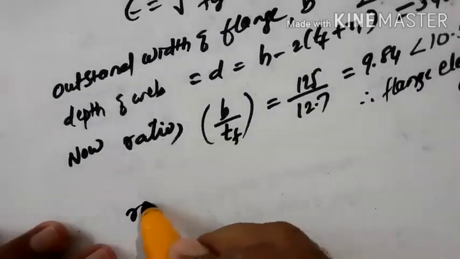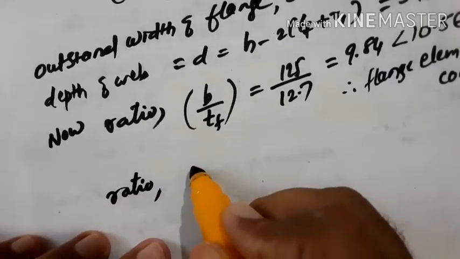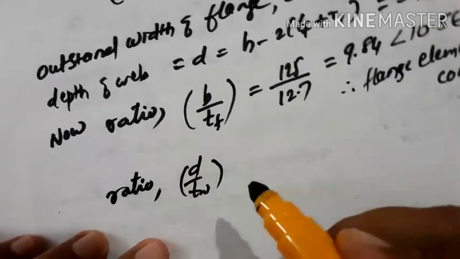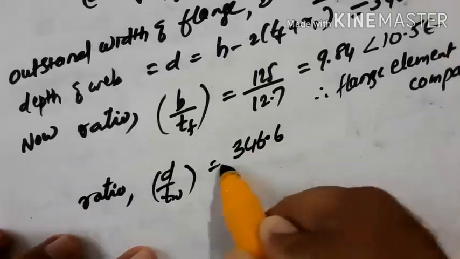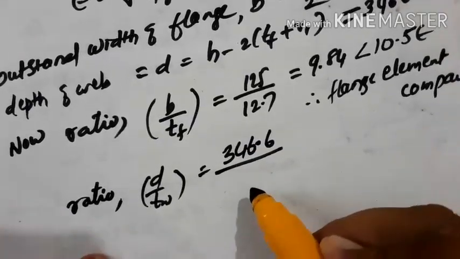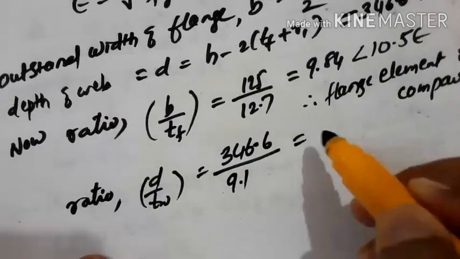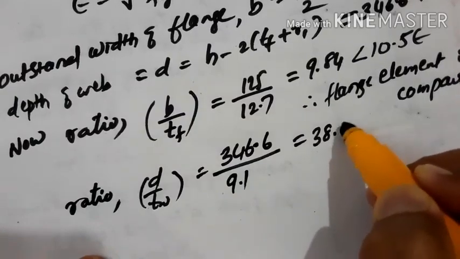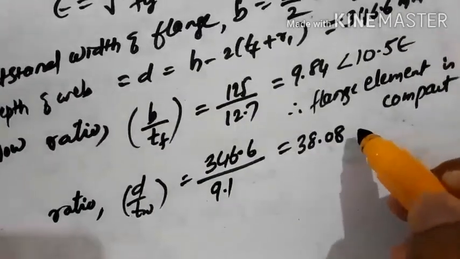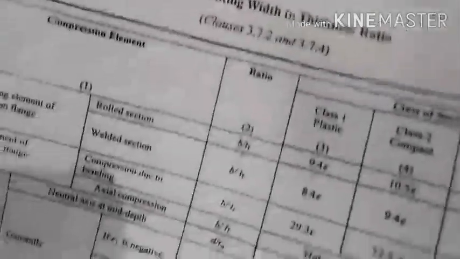Okay, next ratio, that is depth to thickness of web, D by TW. So D we are having 346.6 divided by thickness of web 9.1, so you will get 38.08. Again you have to compare this depth to thickness ratio from this table.